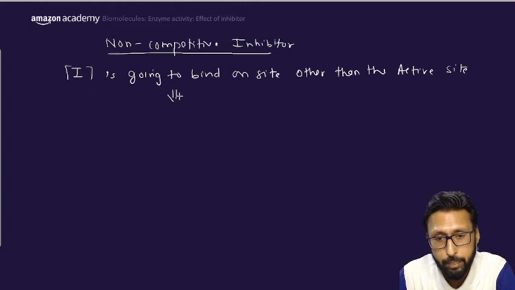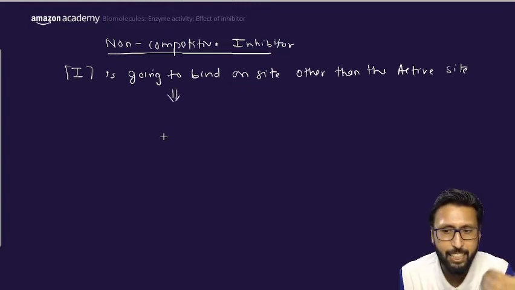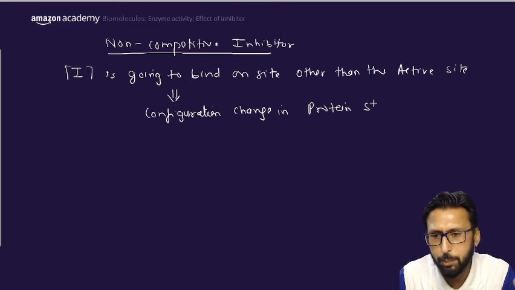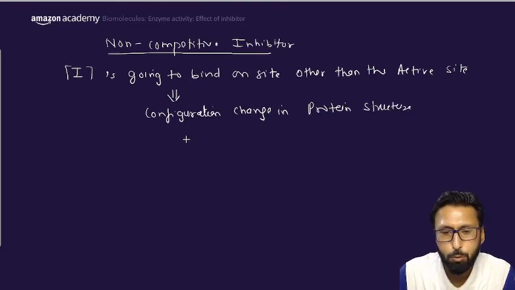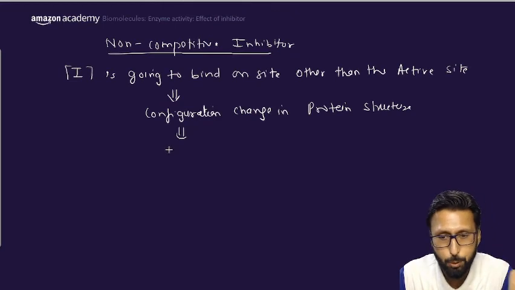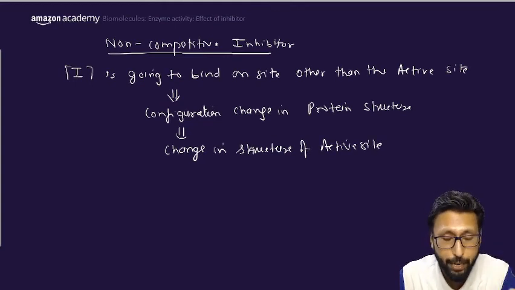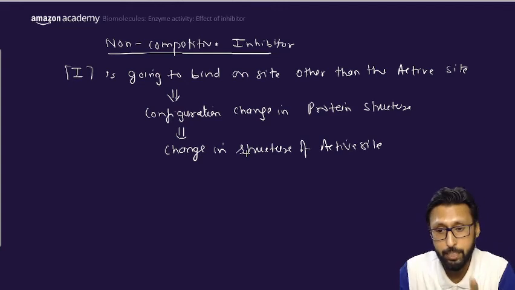The problem is that when the inhibitor binds with a site other than the active site, it leads to a conformational change in the protein structure. Protein means enzyme here, which leads to a change in the structure of the active site.